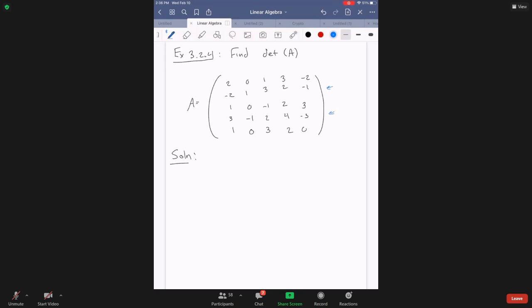That would make this guy 0, and that means the second column would be all zeros except for that one. So let me do that. I'm not going to copy all this out again.